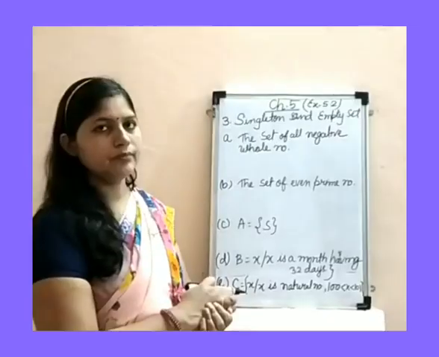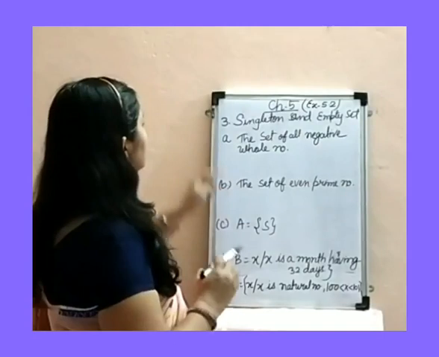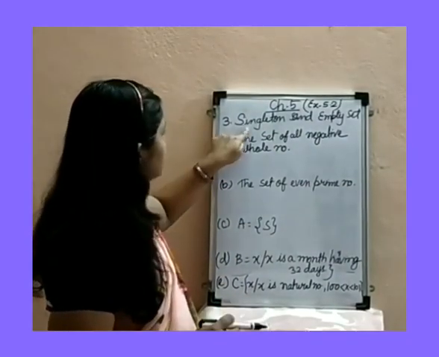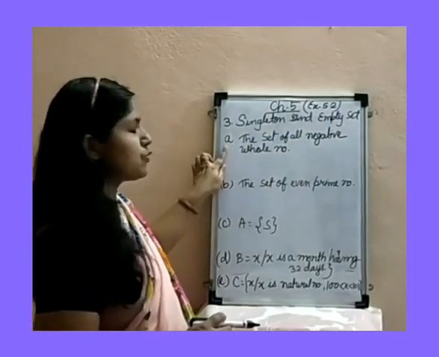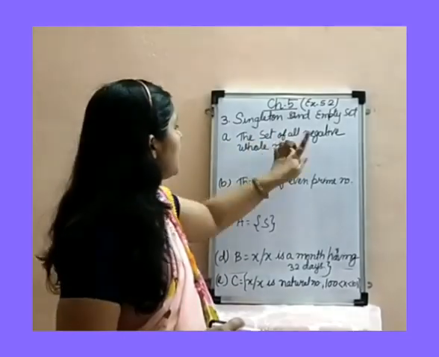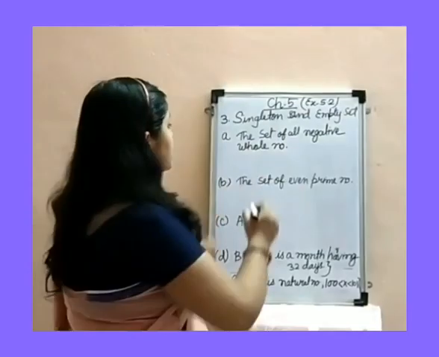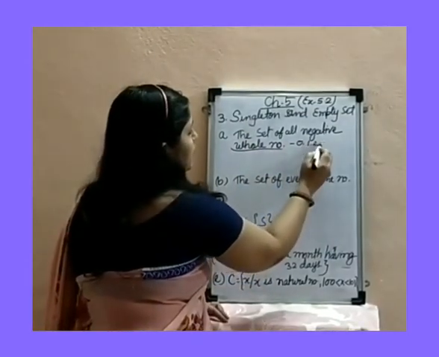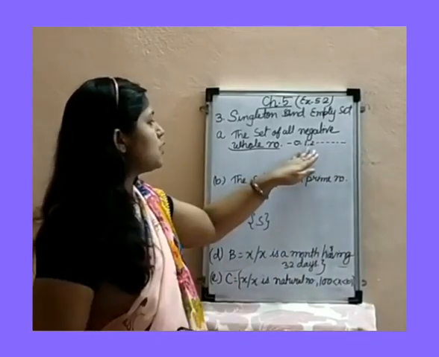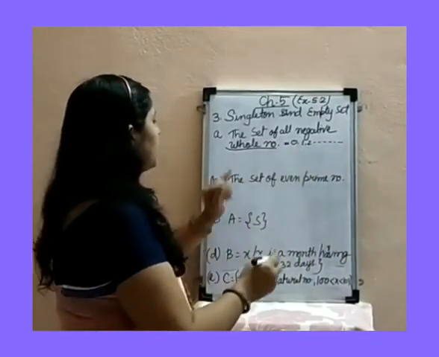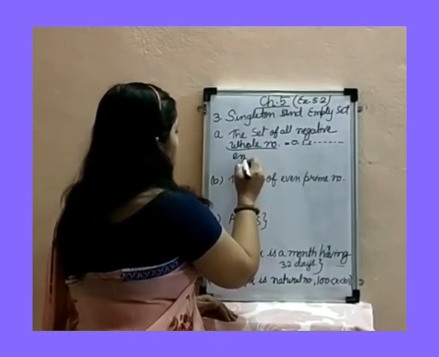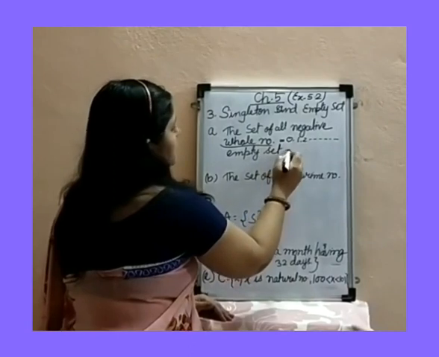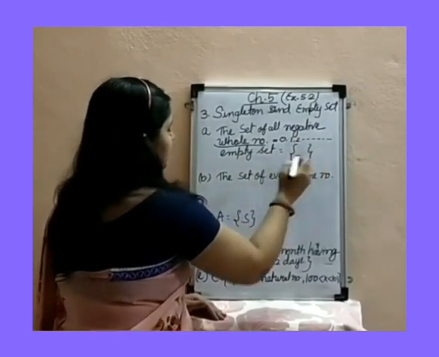Let's do question number 3. Here we need to identify which one is a singleton set and which is an empty set. So first question A is the set of all negative whole numbers. Whole numbers start from 0 to infinite, and there is no negative number in whole numbers, so this will be an empty set.